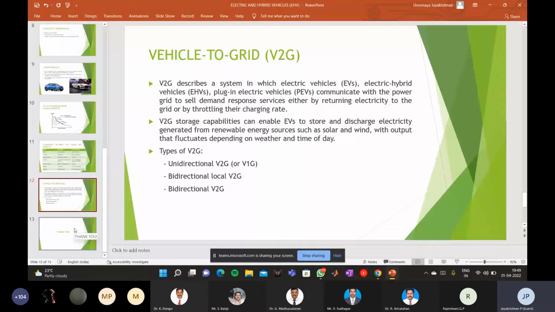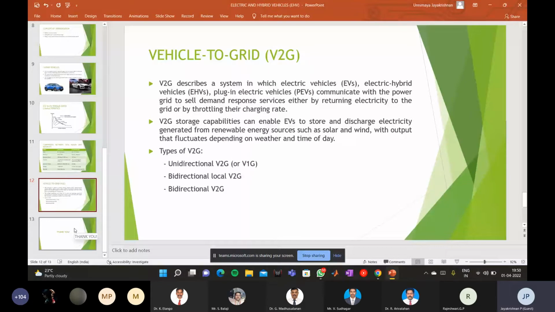So I request every participant here to switch over to EVs whenever possible. Almost every bank is giving loans for purchasing EVs, and they charge 0.25% less interest for EVs. For car loans, they usually charge 8.75 or 9% for conventional vehicles, but they charge 0.25% less for EVs to promote them.